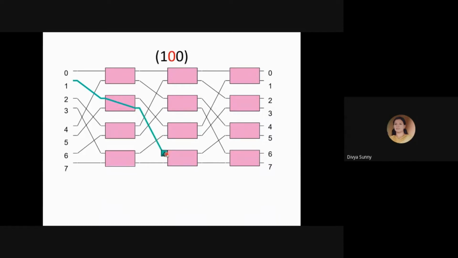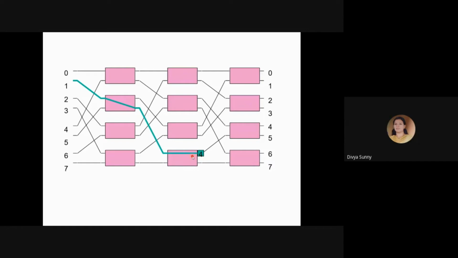And then when it reaches stage 1, it checks the middle bit of the bit pattern. So the middle bit here is 0. So it connects to the upper part inside the switch. So at stage 1, the input is connected to the upper part of the output.